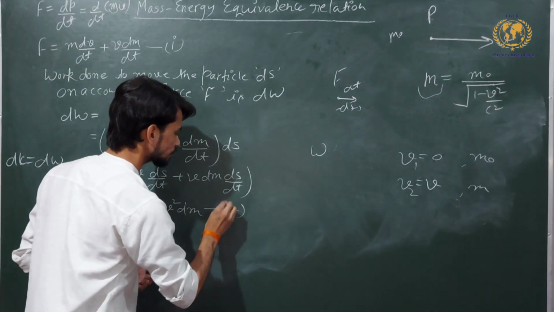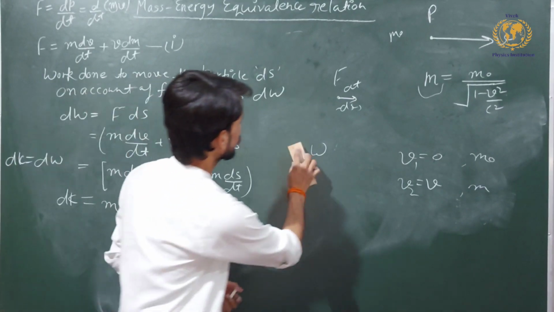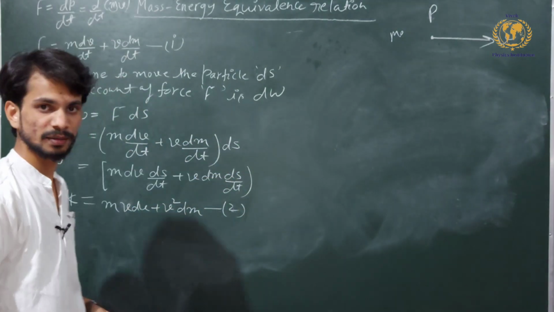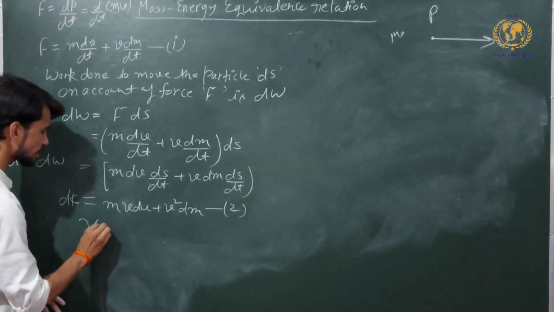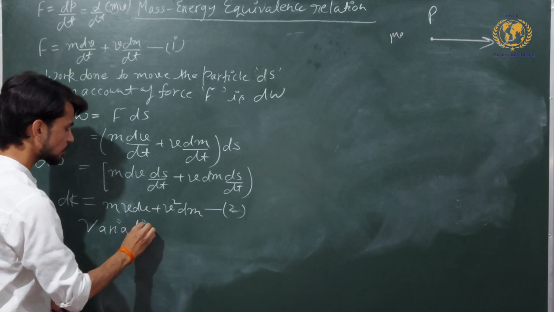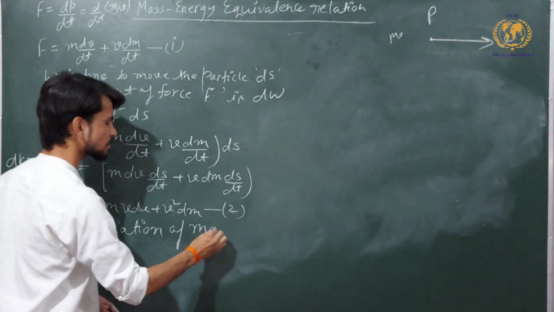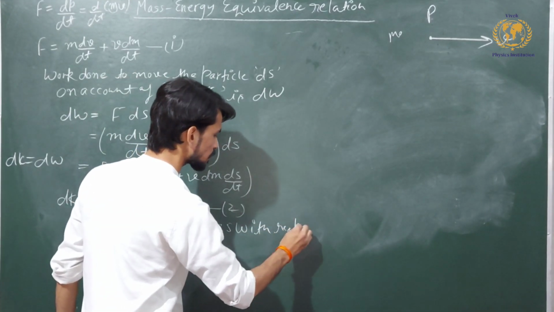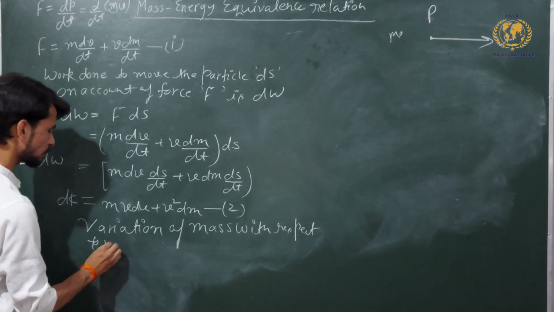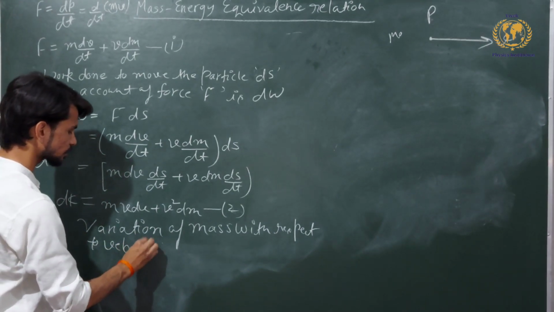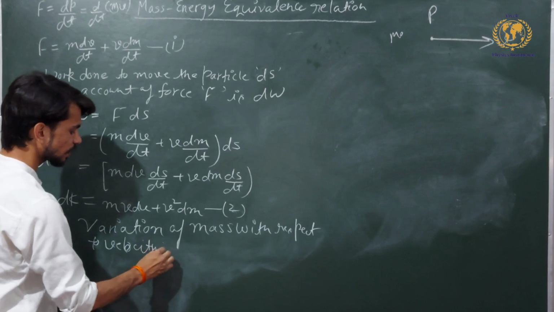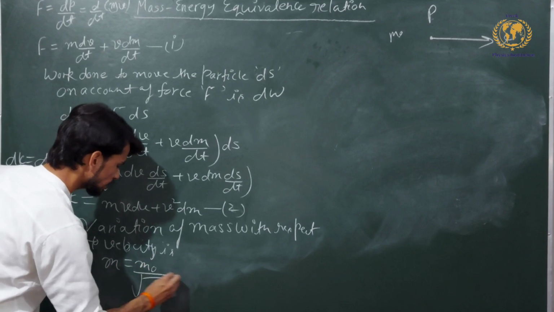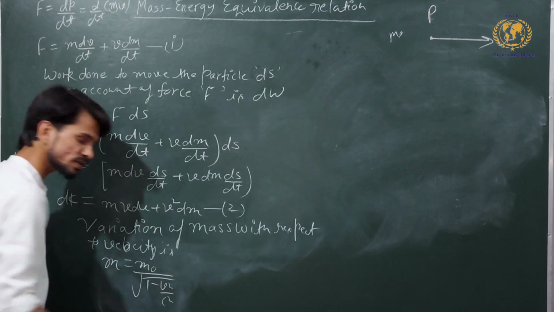Now let's apply the formula of the special theory of relativity for mass, what I have written there. So the variation of mass with respect to velocity is m equals m naught divided by under root 1 minus v square upon c square.